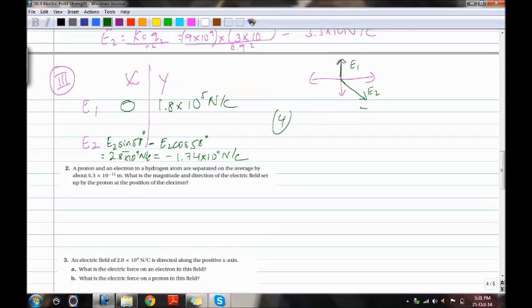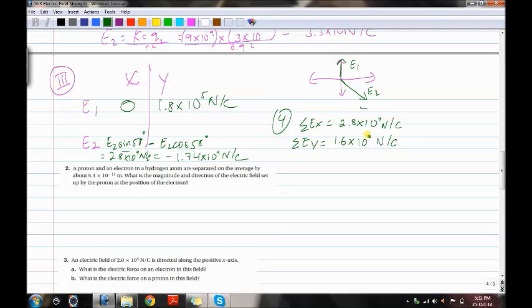Now the fourth step, let's find the sum of Ex and the sum of Ey. Now the sum of Ex would be 2.8 times 10 to the power 4 Newton per coulomb, and the sum of Ey, we add this to this, so the answer would be 1.6 times 10 to the power 5 Newton per coulomb.